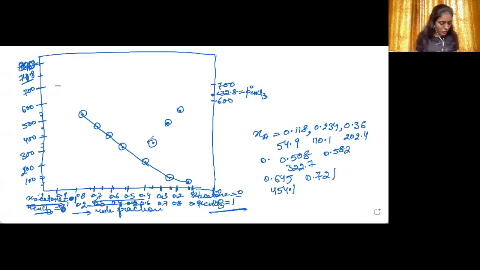Okay. The next is when the mole fraction of acetone is 0.508, or 0.51, approximately here. The value for vapor pressure of chloroform is 257.7 here.